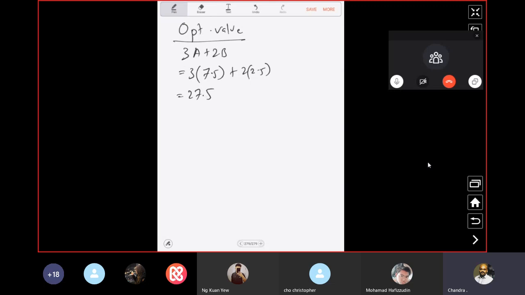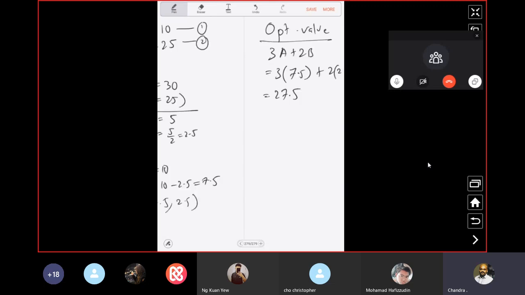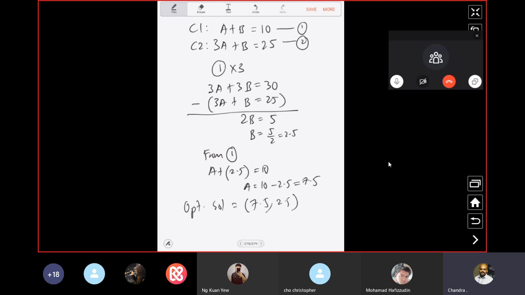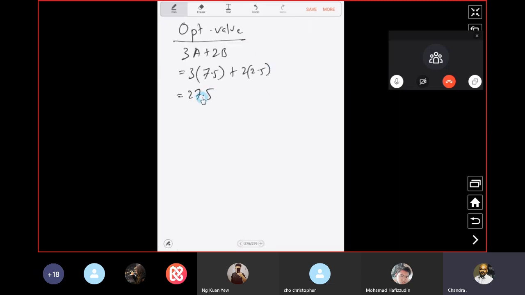When you increase 1 unit in your binding constraint here from 24 to 25, does it increase your profit? Yes. From 27, it becomes 27.5. It's an improvement. Your profit must increase. Okay, you are happy now because it increased.